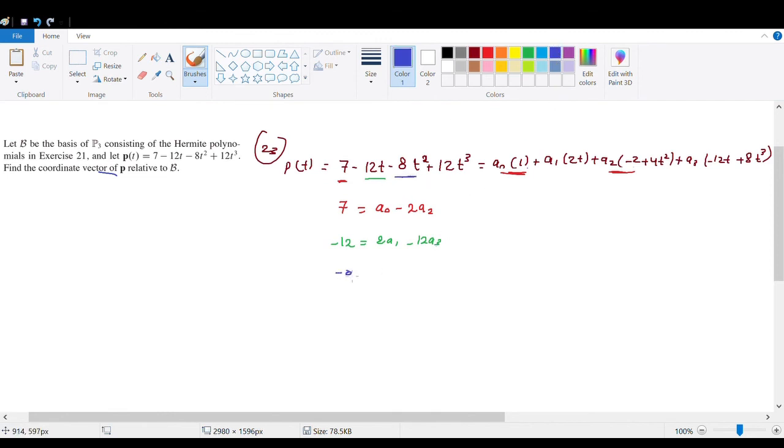Here we have minus 8, equal to 4a2, and there is nothing else. Then the last one is the coefficient of t cubed. Here we have 12, equal to 8a3.